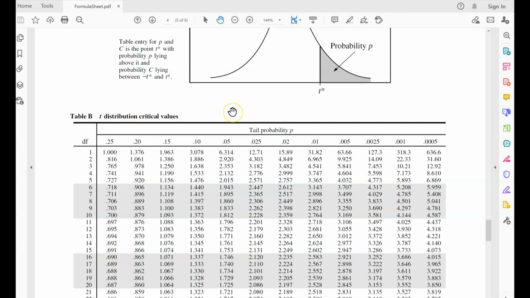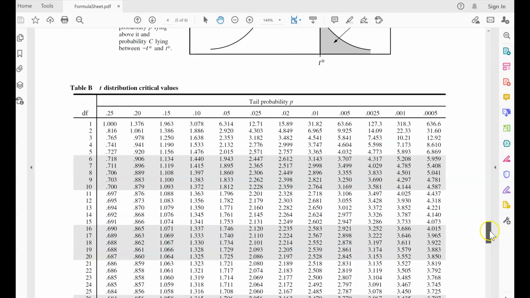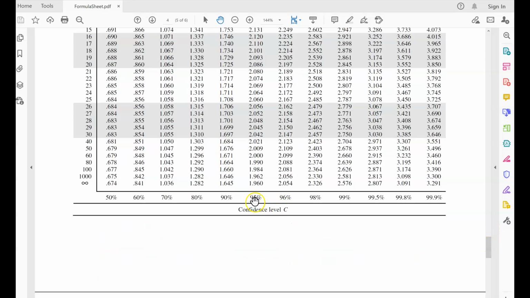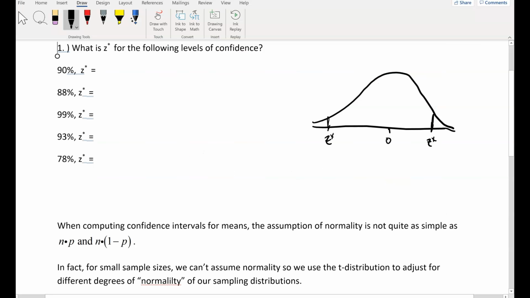We know as the sample size gets bigger, even if the population's not normal, the sampling distribution gets more and more normal. So that's why these numbers are getting smaller, all the way down to, lo and behold, 95% confidence if it's a normal distribution is 1.96. Well, here's our number for 90% confidence, 1.645.